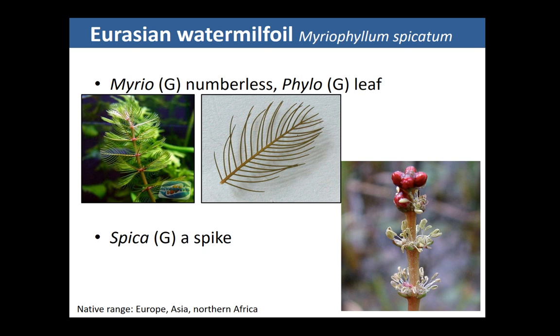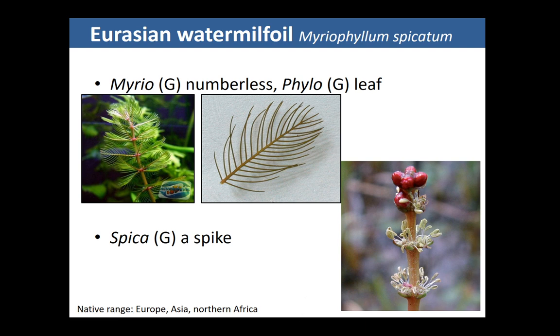So that word myrio, that's a Greek word that means numberless, and phyllo is a Greek word that means leaf. So numberless leaves. And the picture that paints is that there are so many leaves on this stem that you could never count them. And when you look at milfoil, you can see that it's typically a very bushy plant with lots of leaves.